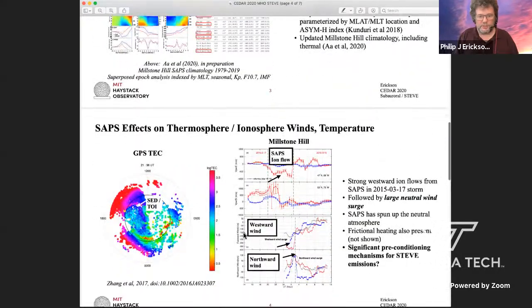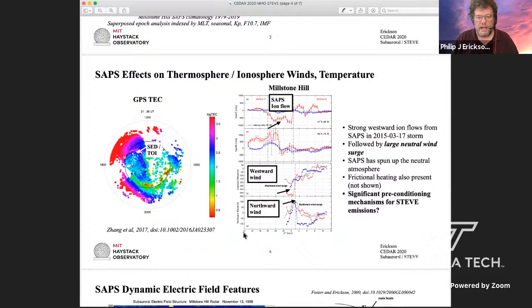I will also mention my colleague Shenrong Zhang's work on the fact that these large intense flows, in this case SAPS, so a broader flow than the narrow SAID we've been discussing today, if they're there for long enough, and sometimes SAPS can spin up and be there for long enough, can spin up the neutral atmosphere and create very large neutral winds, which then will cause frictional heating.